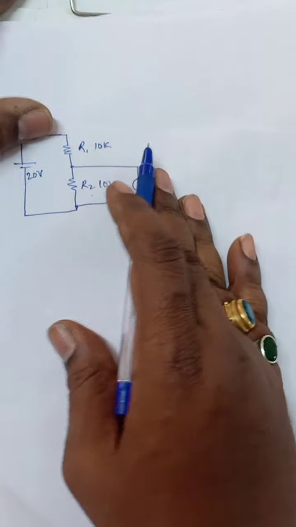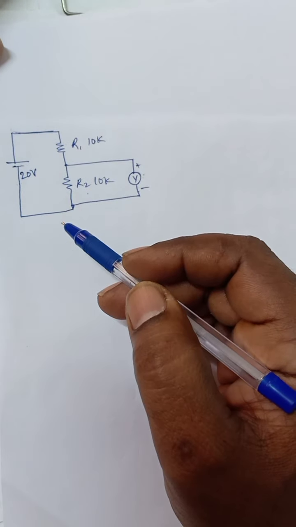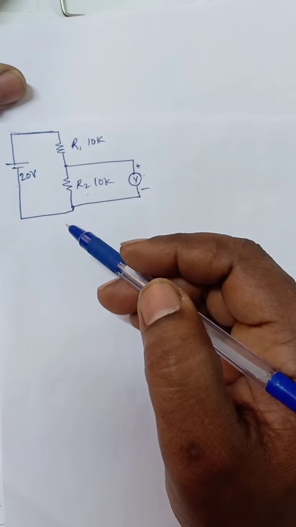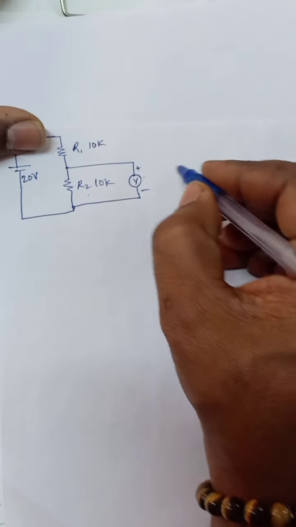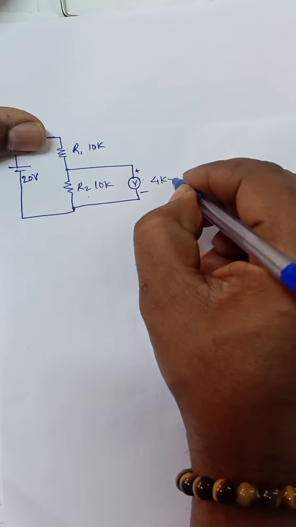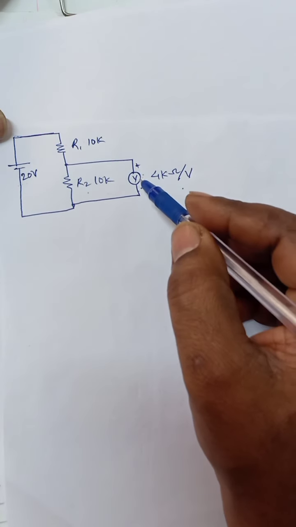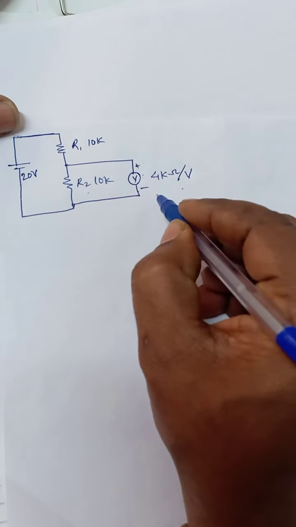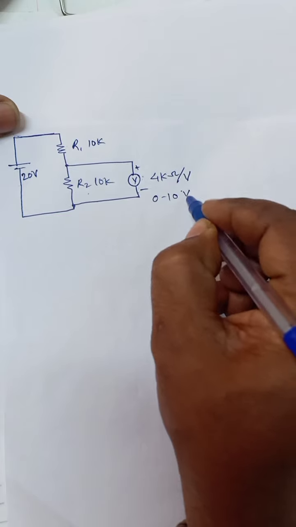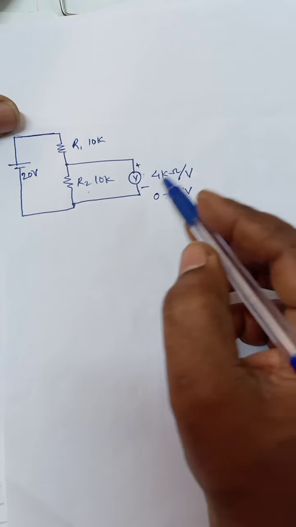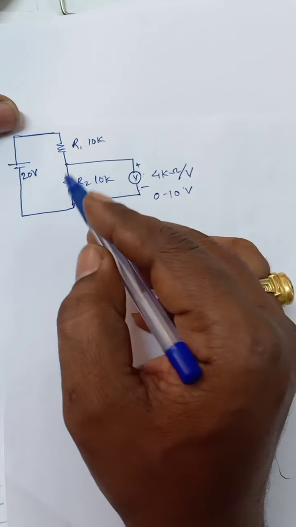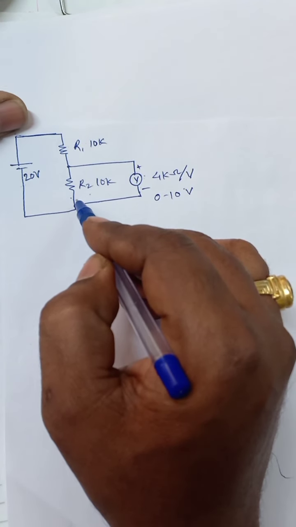In the given example, the multimeter has a sensitivity of 4 kilo ohm per volt, and it is a 0 to 10 volt voltmeter. This meter is connected across resistor R2 to measure the voltage across R2.